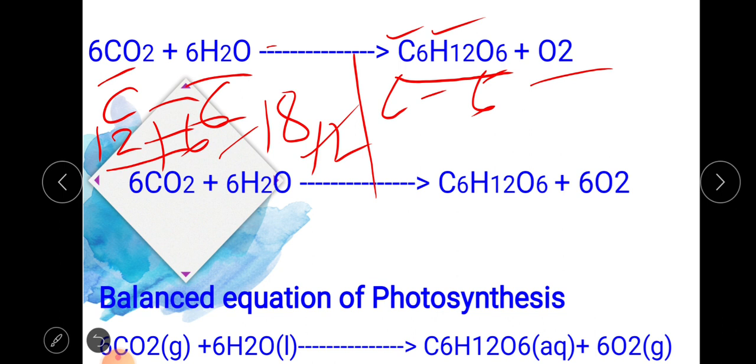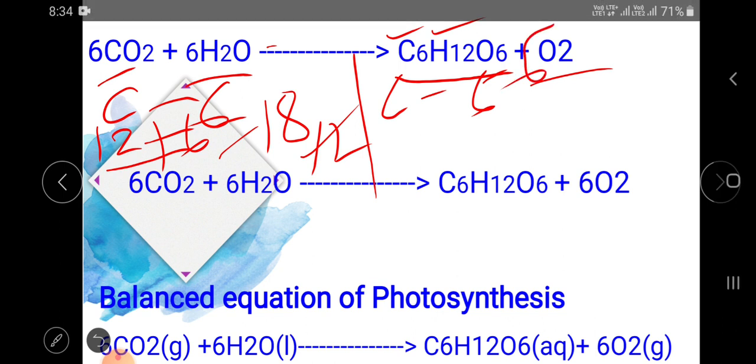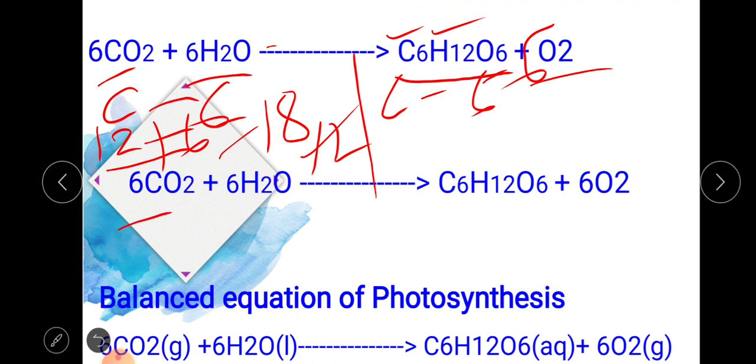We will write 6 on the product side. So 6 CO2 plus 6 H2O will give C6H12O6 plus 6 O2. The complete balanced chemical equation is 6 CO2 in gaseous state plus 6 H2O in liquid state gives C6H12O6 in aqueous form plus 6 O2. This is the complete balanced chemical equation.